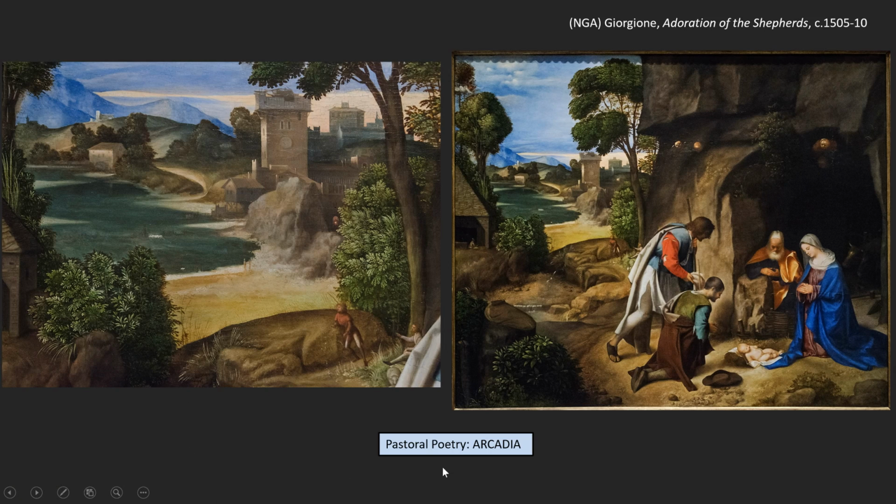In fact, when we talk about Venetian art, one of the things that we see is a great interest in ancient Roman poems that focused on the rural landscape. And in Roman poetry, there was a land called Arcadia that was populated by shepherds, and it was a land that had not been developed yet.